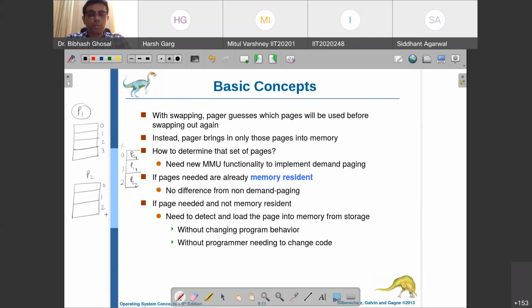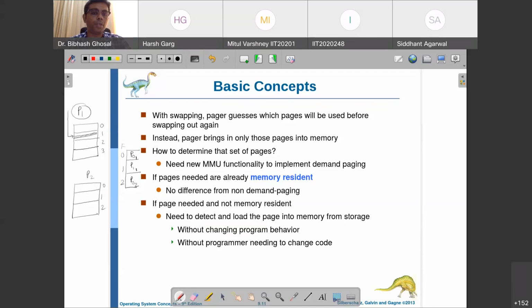Does it work? Yes, it works. Why? Because I'm not working with all pages of P1 or P2 at the same time. So this is the situation I have. Now, there is an address which is generated for some location of page number 1 of process number 1. No problem.